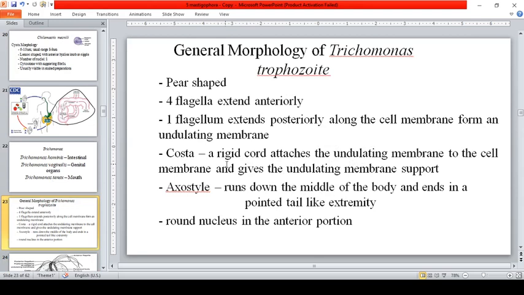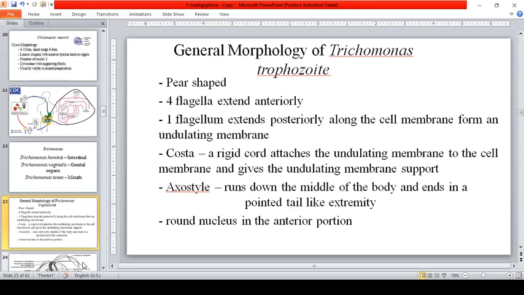The costa, a rigid cord, attaches the undulating membrane to the cell membrane and gives the undulating membrane support. The axostyle runs down the middle of the body and ends in a pointed tail-like extremity.